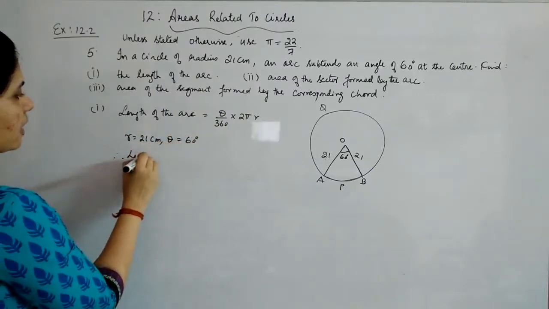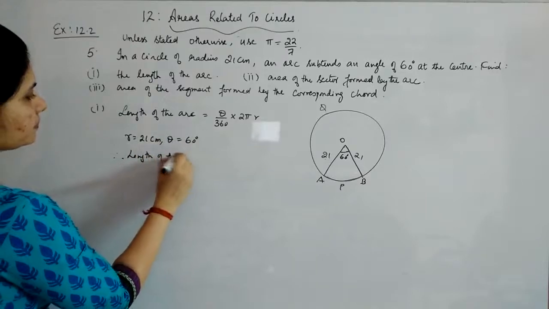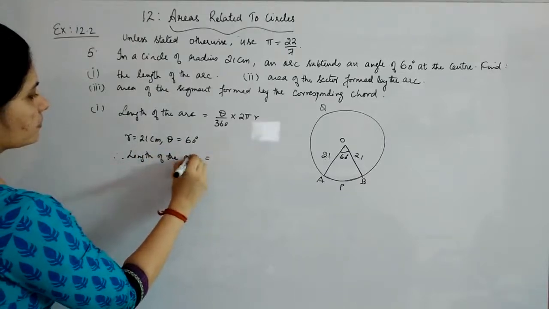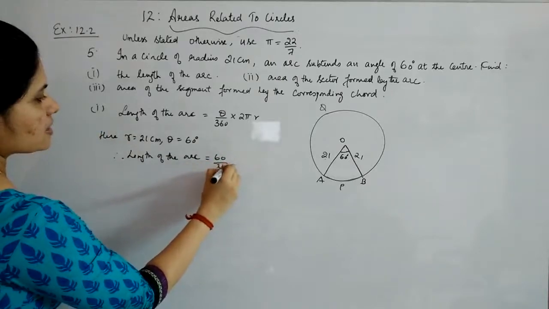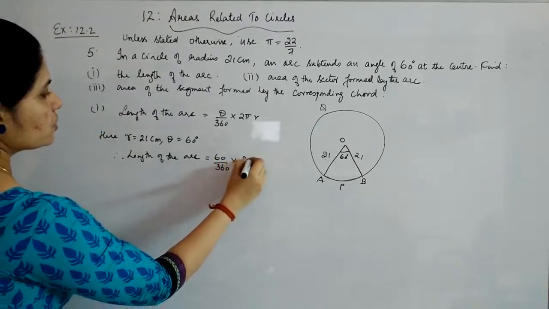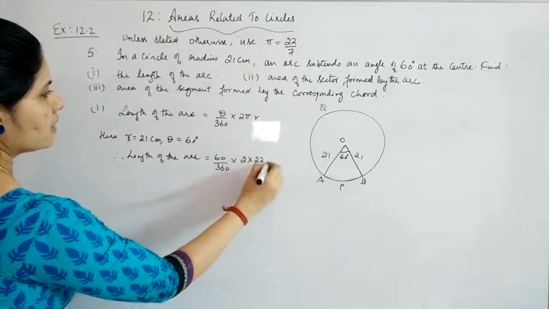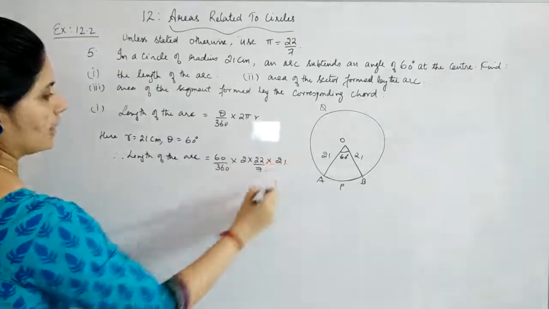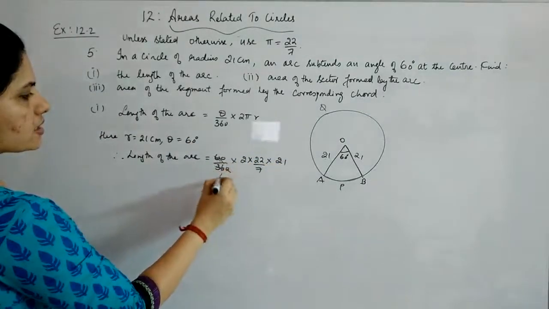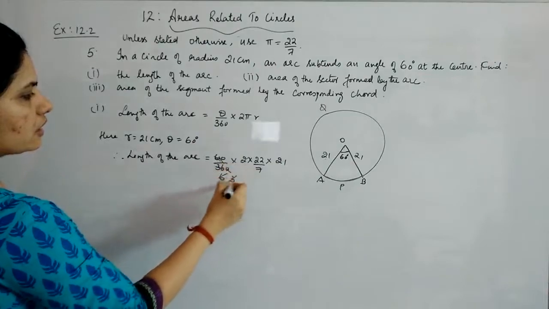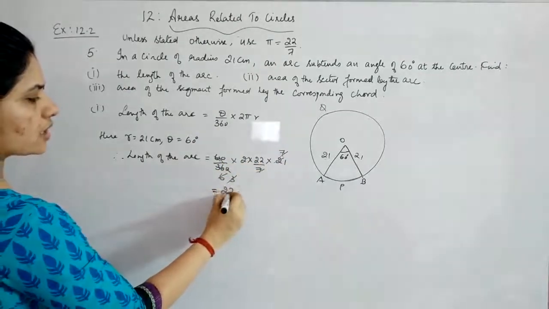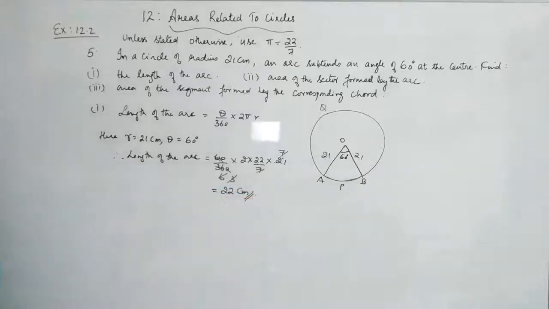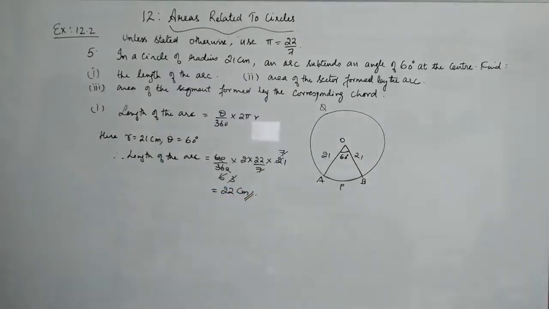Therefore, length of the arc will be 60 by 360 into 2 pi, 22 by 7 into r, 21. So here you are getting 6, this will give you 3, this will give you 7, cancelled, you are only left with 22. So the length of the arc is 22 centimeters.